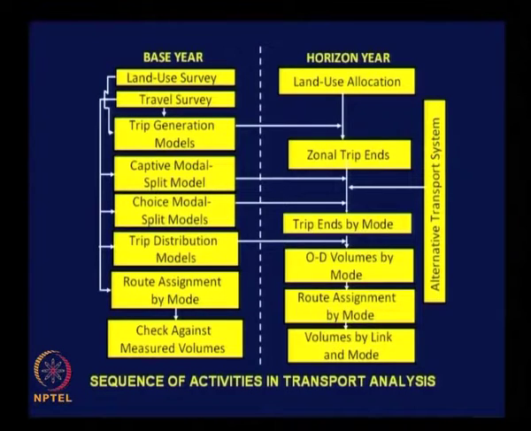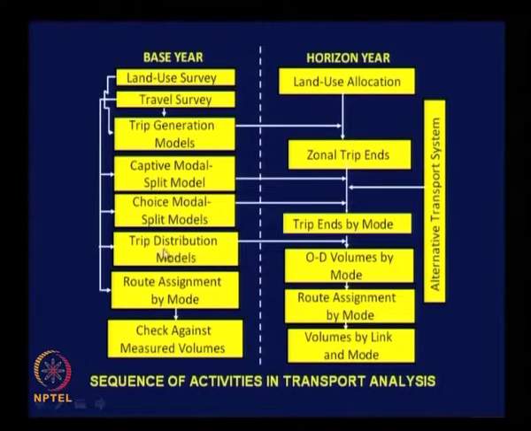Since your mode choice model is a general category of model which can take into account any additional modes, you just apply the mode choice model, including the captive modal split model as well as the choice model, after introducing the new mode. At the end of the exercise, you will get trip ends again at the zonal level by mode. You would have identified the mode for each of the trip ends at every traffic zone, right.